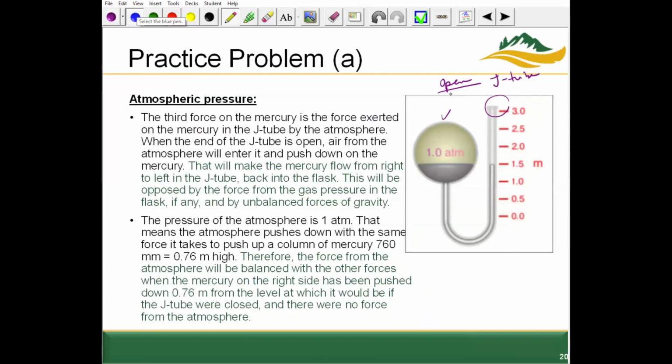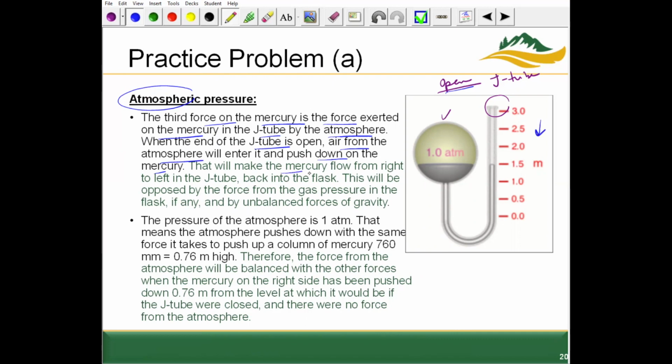So when it's an open J tube, we need to consider this third component, that's the atmospheric pressure. The third force on the mercury is the force exerted on the mercury in the J tube by the atmosphere itself. When the end of the J tube is open, air from the atmosphere will be able to enter and push down on the mercury.